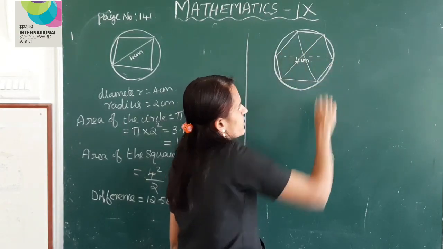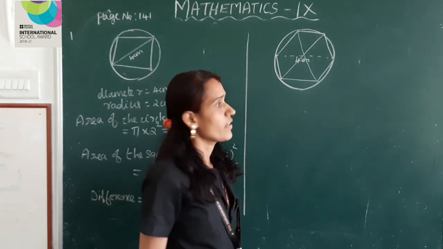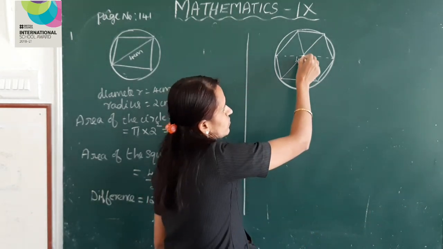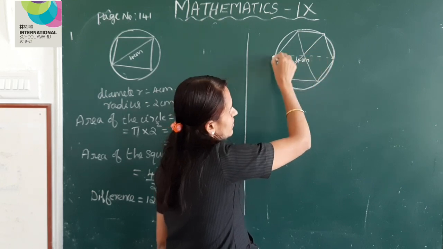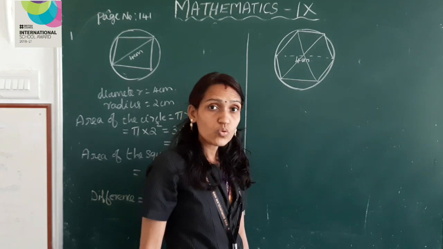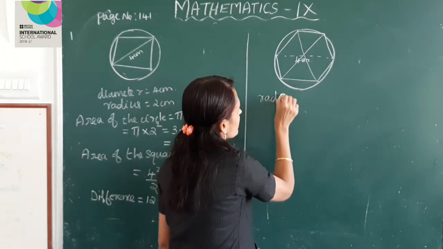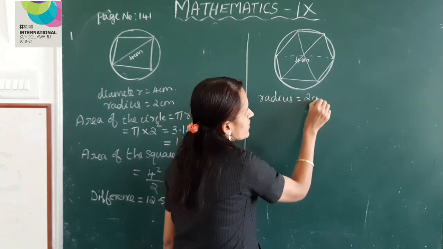Divide the hexagon into 6 equal equilateral triangles. Okay. So here the diameter is 4 centimeter, right? So radius is equal to 2 centimeter.